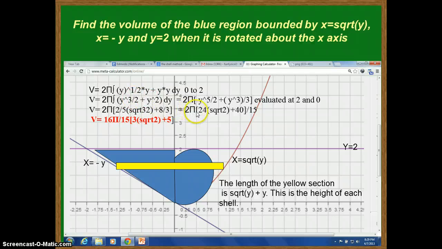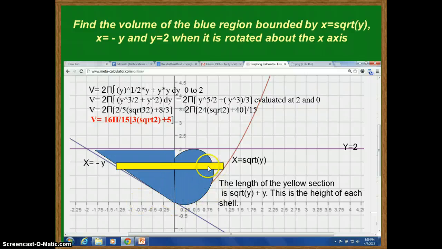So we clean this up, we find a common denominator, and when it all comes out in the wash, what we get is 16 pi over 15 times the quantity 3 square root of 2 plus 5. That would be the volume of this solid that's rotated about the x-axis using the shell method.